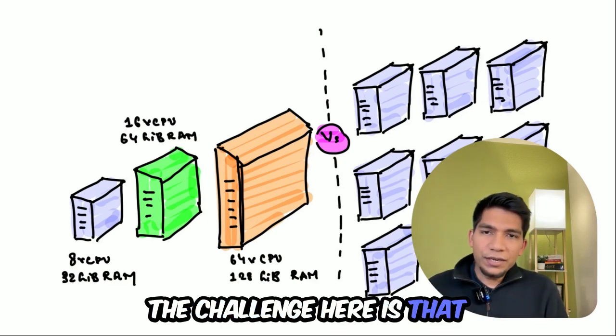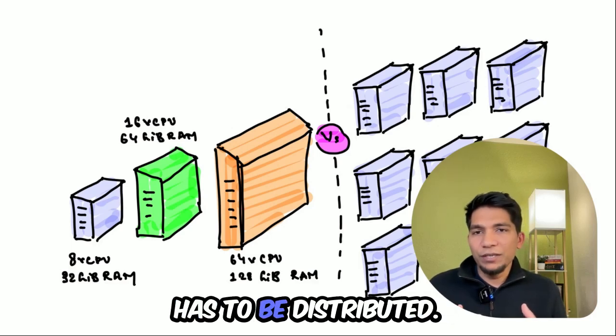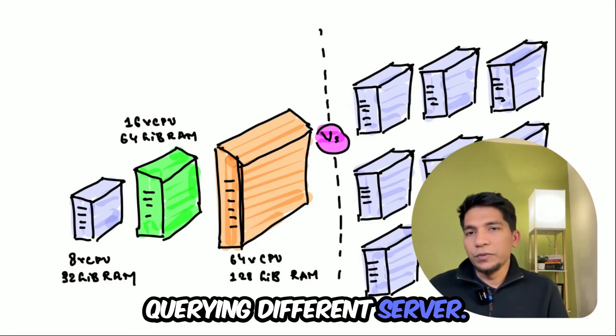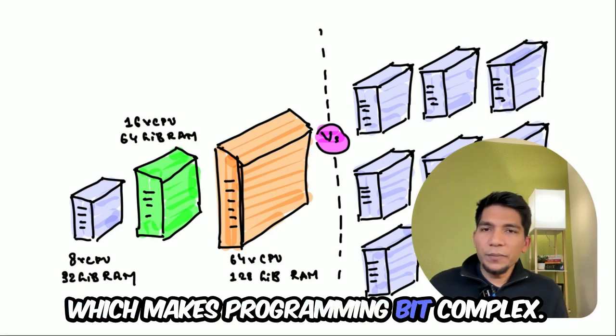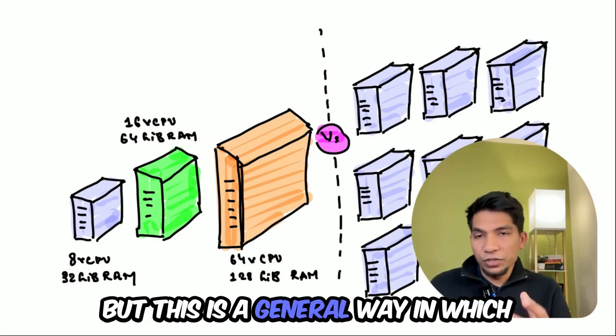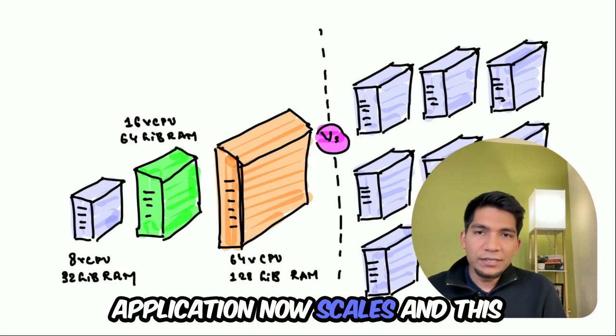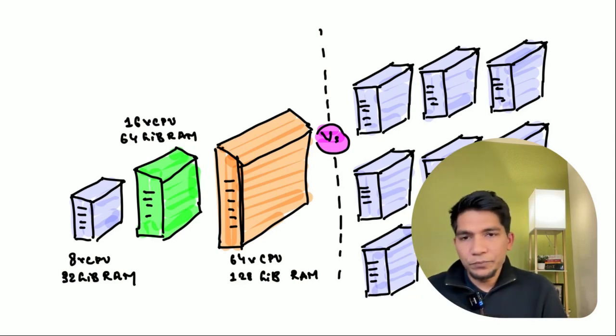The challenge here is that now your application logic has to be distributed. It has to understand that it's querying different servers. It has to understand the failover logic and other things, which makes programming a bit complex. But this is the general way in which applications now scale, and this is called horizontal scaling.